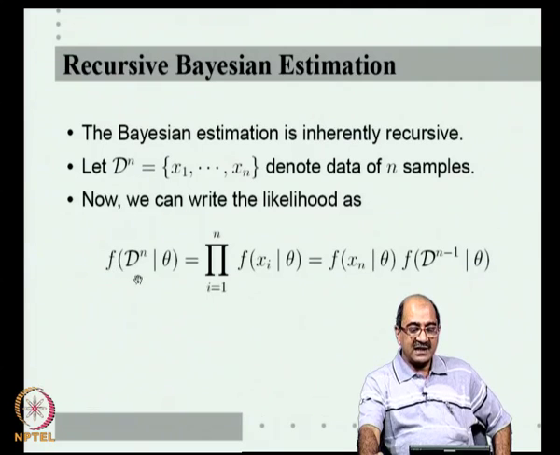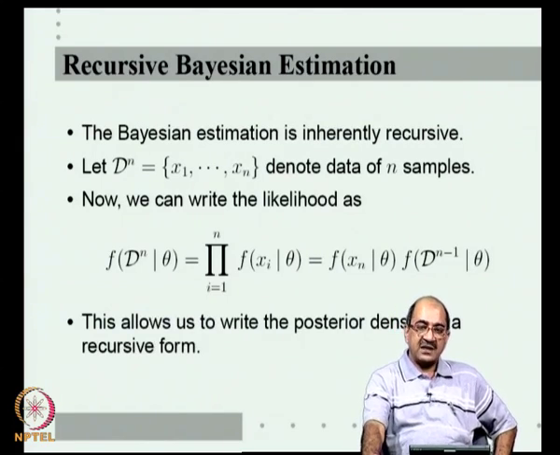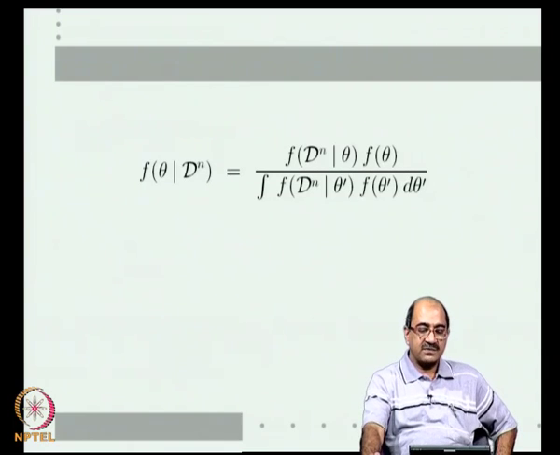Now, I can write the data likelihood f of D n as the product for i equal to 1 to n of f x i given theta. I can take the product of the first n minus 1 and then take the n-th separately. The first n minus 1 will give me f of D n minus 1 given theta. So, I can write f of D n given theta as f of x n given theta times f of D n minus 1 given theta. This allows us to write the posterior density in a truly recursive form as follows.